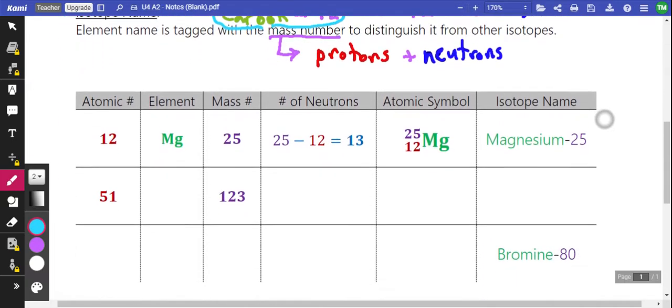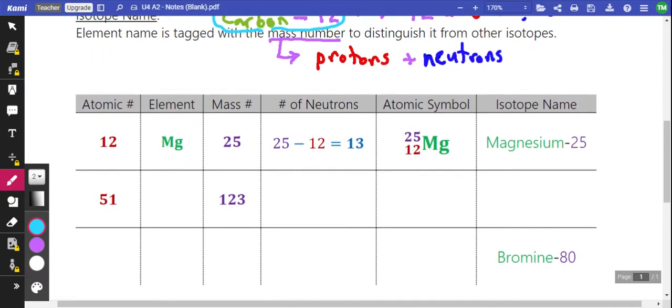Let's look at some examples here. First up, I'm looking at a version of the element magnesium, and I have an atomic number of 12. Again, that's the number of protons. If I find magnesium, Mg, on the periodic table, it does indeed have 12 protons.